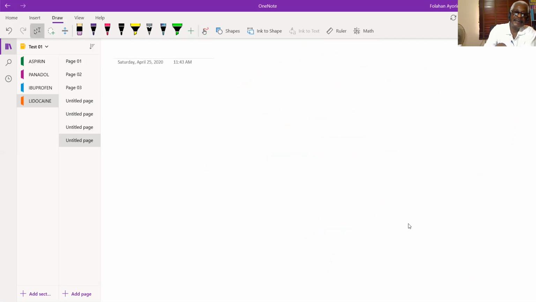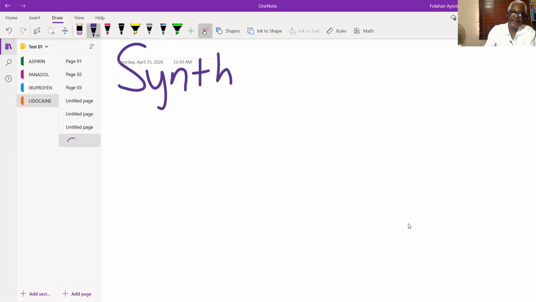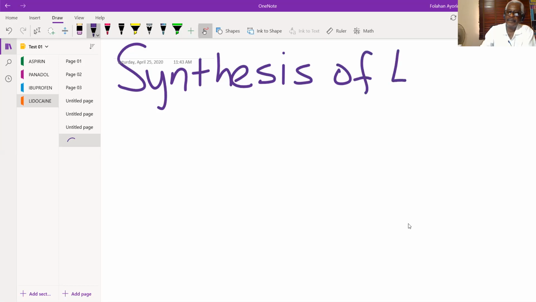Right here, we have the synthesis of lidocaine.